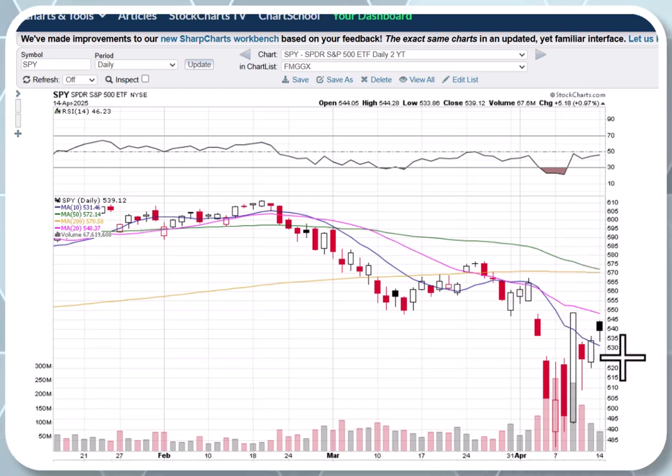Here's a closer look. One of the good things is we got above the high of last Friday. Actually, we gapped up above the high of last Friday. So a gap up is good, and that's bullish.